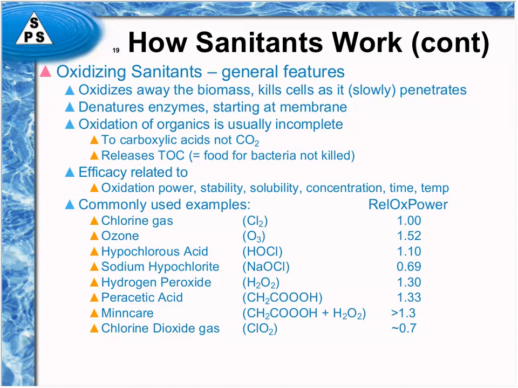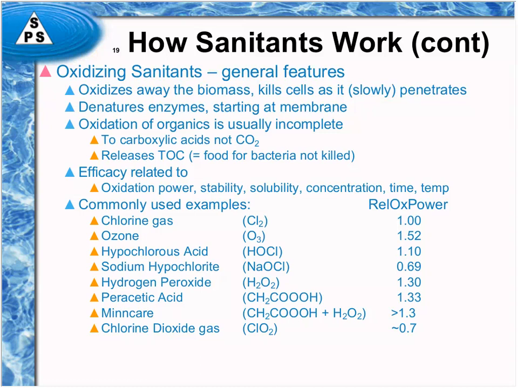Ozone is half again more potent. That means it's able to oxidize more complex organics than chlorine gas can, or at least what chlorine gas turns into when it goes into water.